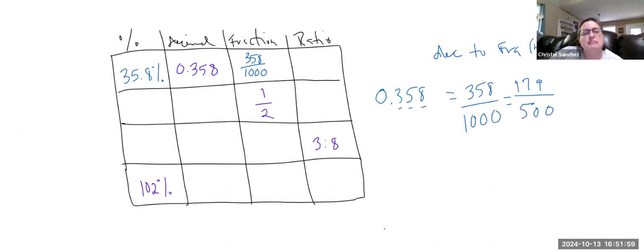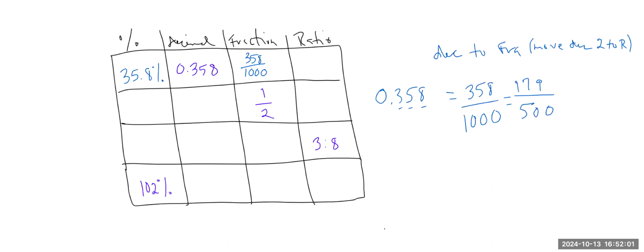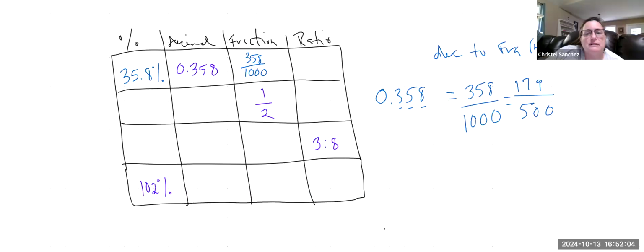It is. Yeah. All right, so this would be 179 over 500. So now, how do I do the ratio?